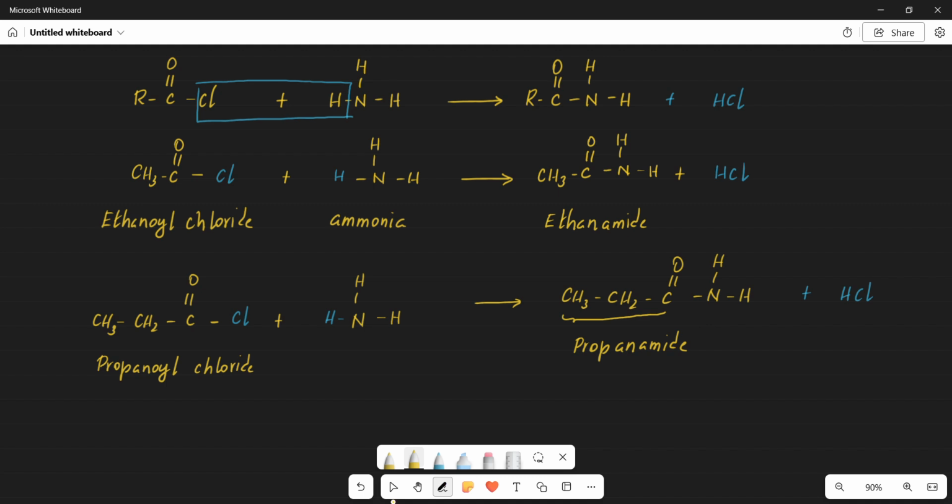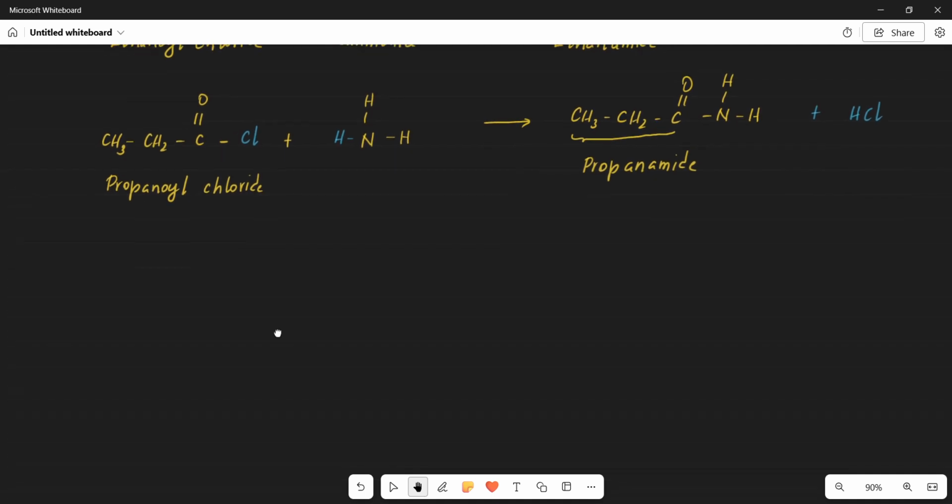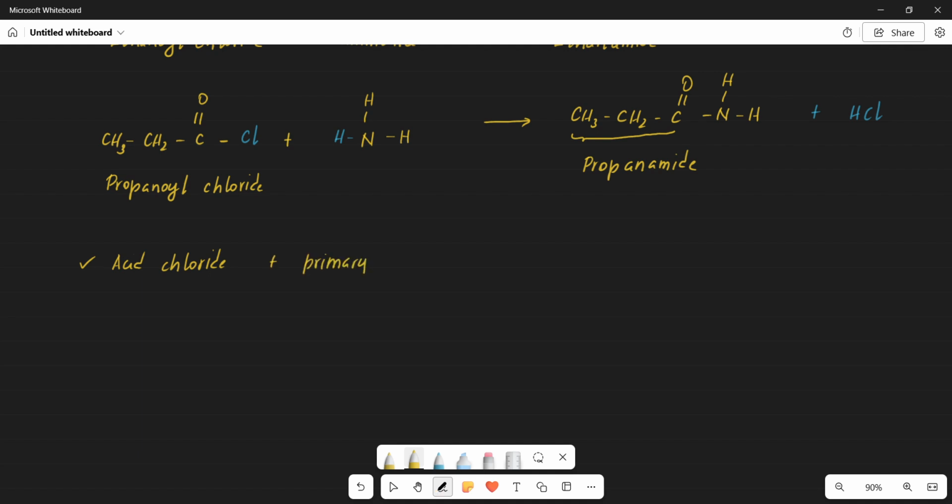There is a second way of preparing amides. I can use the same acid chloride. This time, instead of ammonia, I'm going to use a primary amine. This also can act as a nucleophile.